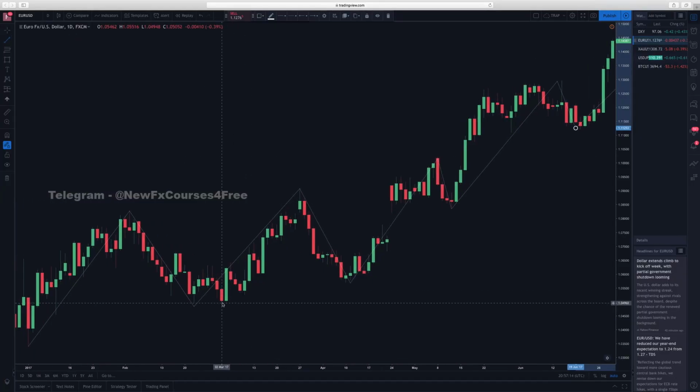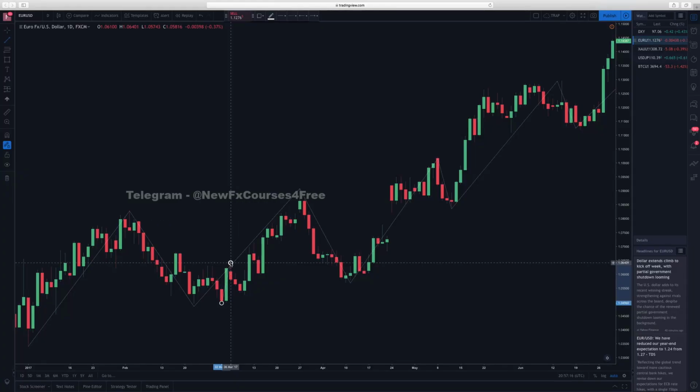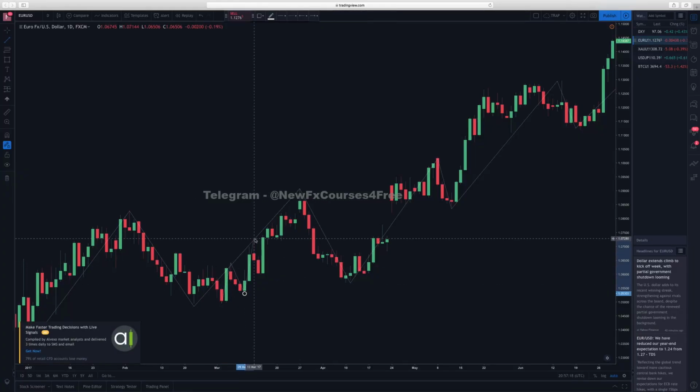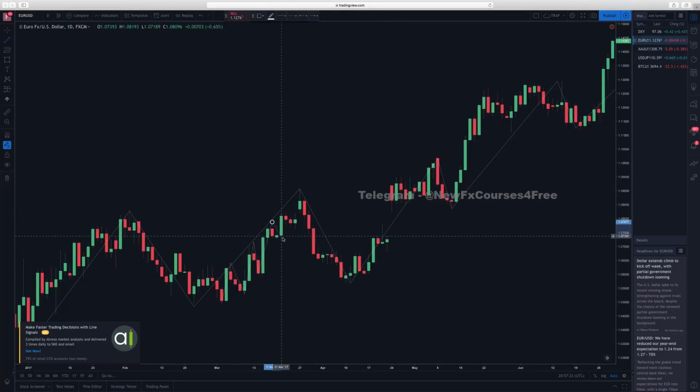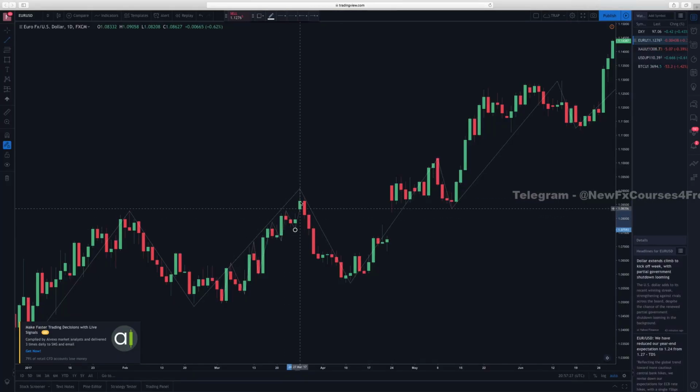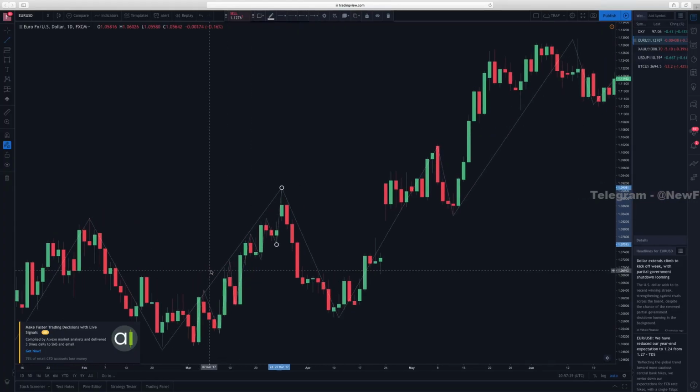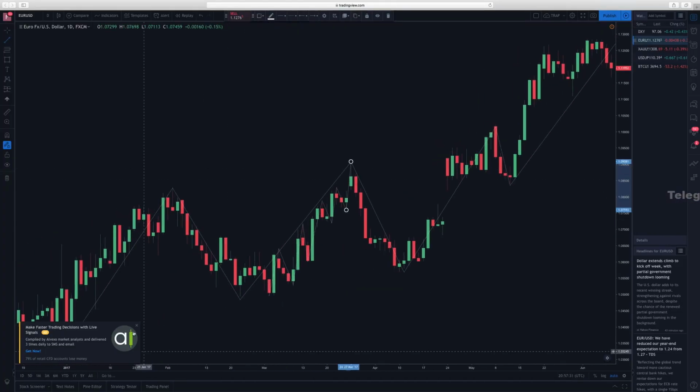We also have smaller price swings within there that are visible, a lot more subtle, but still there. As you can see, there's a clear set of swings that make up that larger swing.